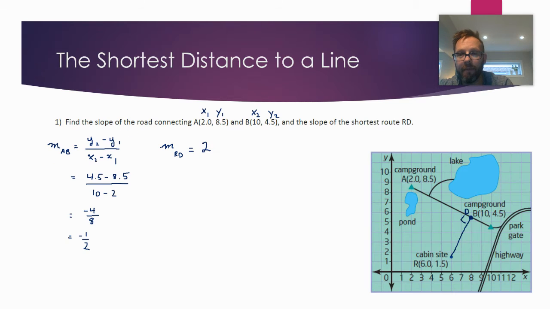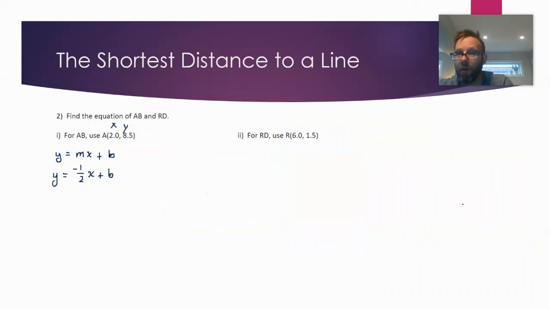But in reality, for that line, we know it goes through two points, 2, 8.5, and 10, 4.5. So we could have used any of those points. I'm just giving you all the prompts for this one, really coaching you along the way. So y is 8.5, and let's leave that as negative 0.5 for now. That's okay. And that's just 2. X is 2 plus b.